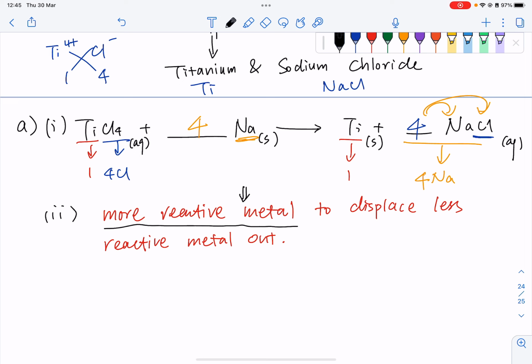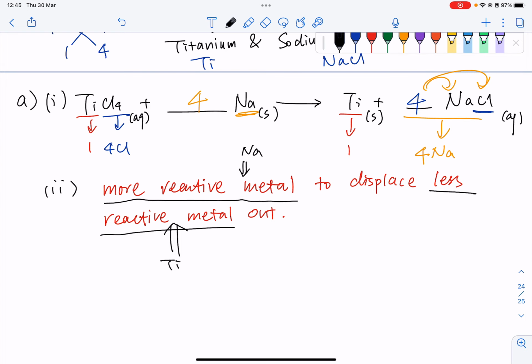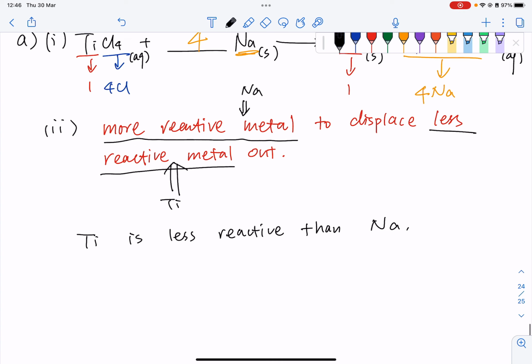This one should be sodium here, right? And then the less reactive metal is the one that bonds with the chloride in aqueous form. This one should be titanium. So here, we can write that titanium is less reactive than sodium. This is the answer for A2.